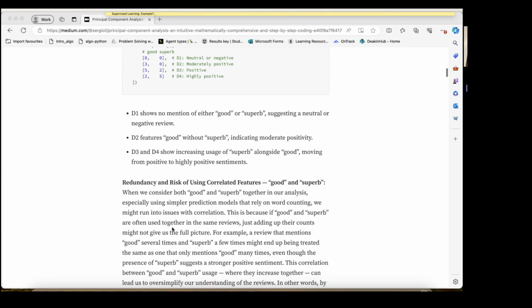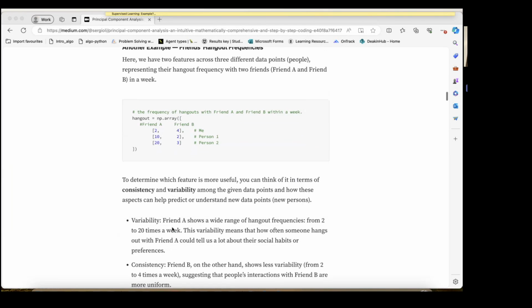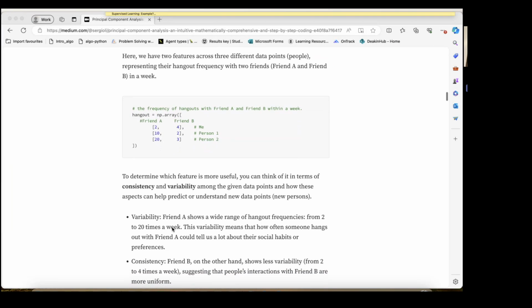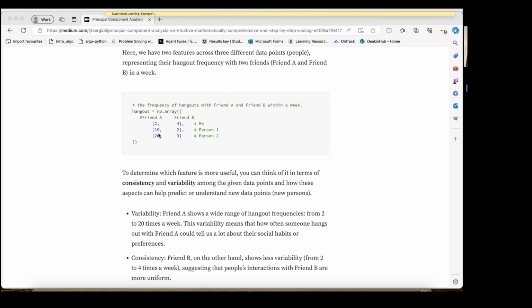And then we go back to variation and variance. I want to show this example. I tried this example in a lot of workshops, and they think it is interesting.